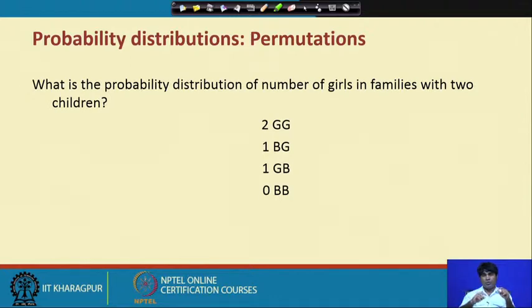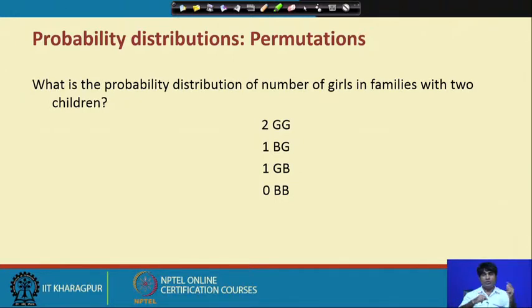This distribution will be either no girls or both children being girls. So there are 2 extremes. If both are girls, this starts with GG, and if there are none, then it will be 0.